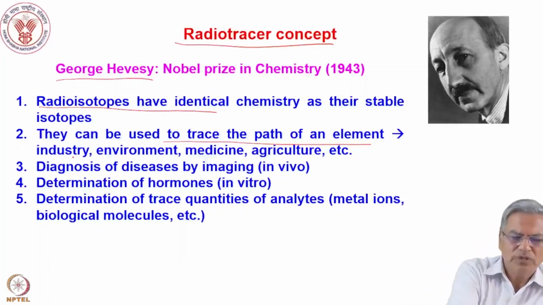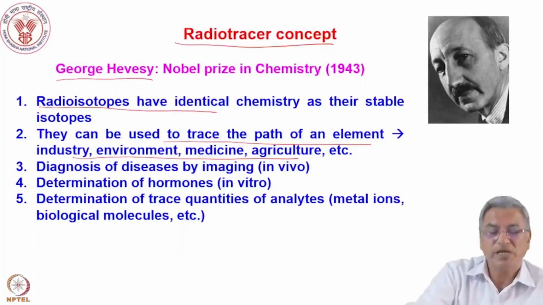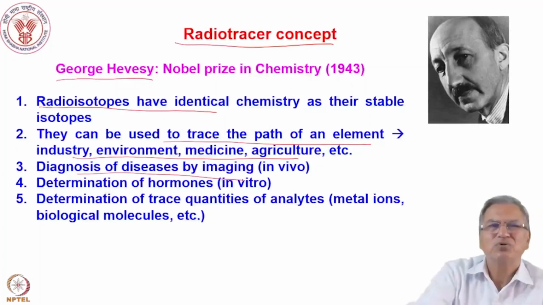You can use them in industry, environment, medicine, agriculture. You can use them to trace the path of an element. You can use them in diagnosis of diseases by imaging, because you can make them go to a particular organ, and then they emit radiation from outside the human body. You can take an image, like you take an X-ray.